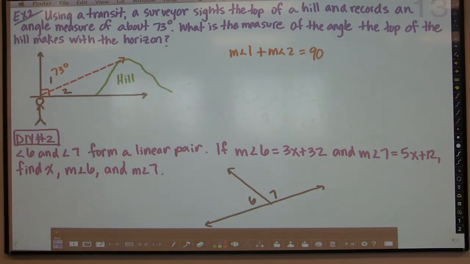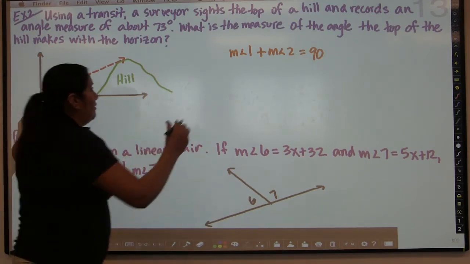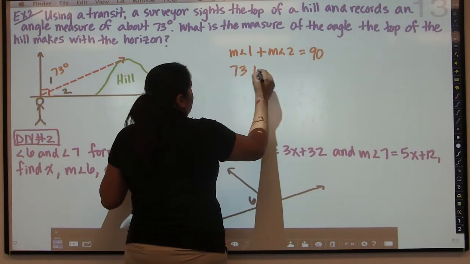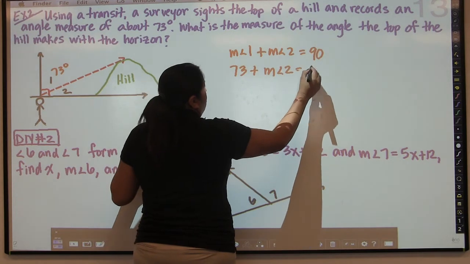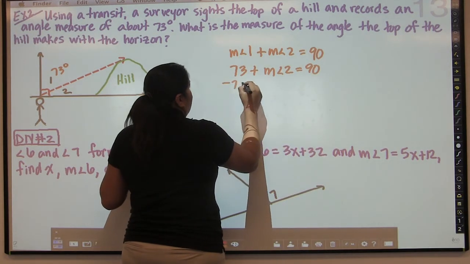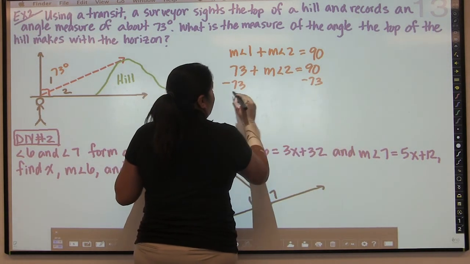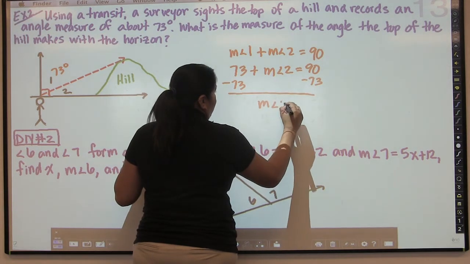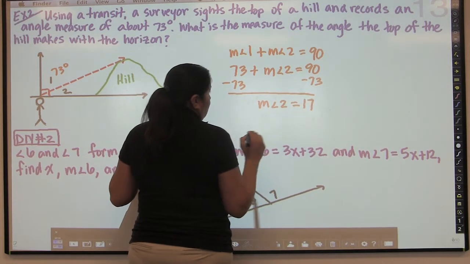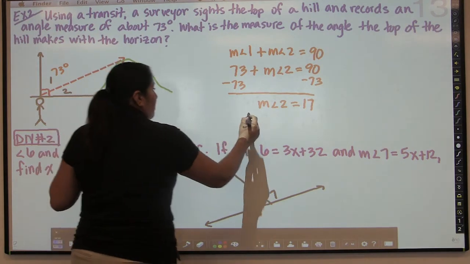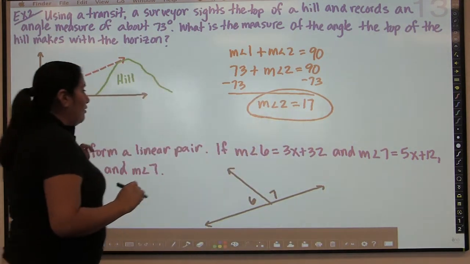Since we already know the measurement of angle 1 is 73, we can say 73 plus the measurement of angle 2 equals 90. Subtract 73 from both sides, and the measurement of angle 2 equals 17. So that is how you do that little guy.